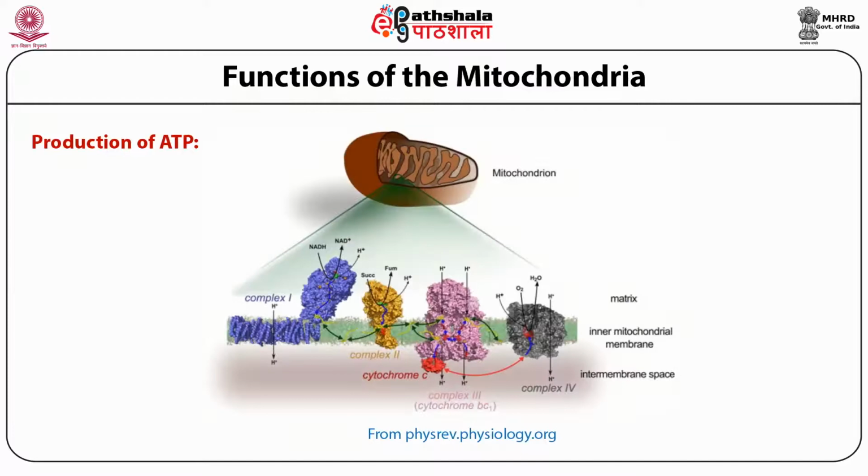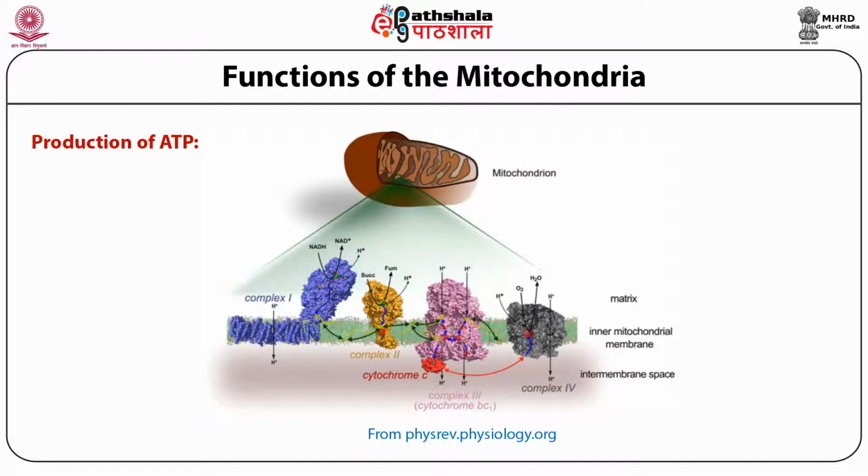The various stages of oxidative phosphorylation are: first, flow of electrons through a chain of membrane-bound carriers. This is called the electron transport chain.